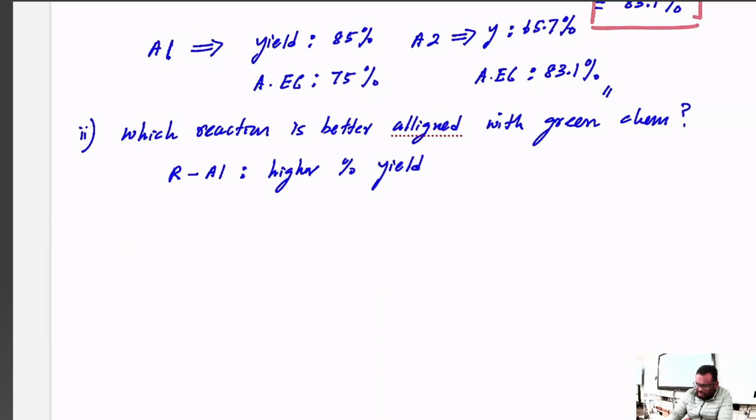Higher percentage yield means less waste of starting material, because we are making more desired product.